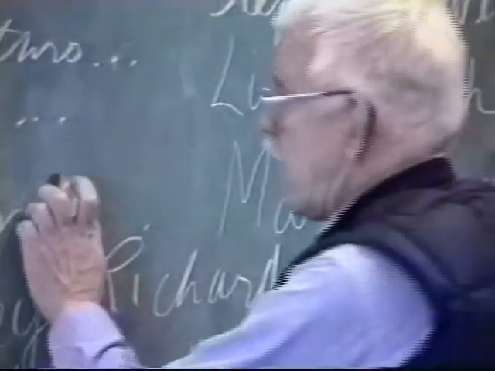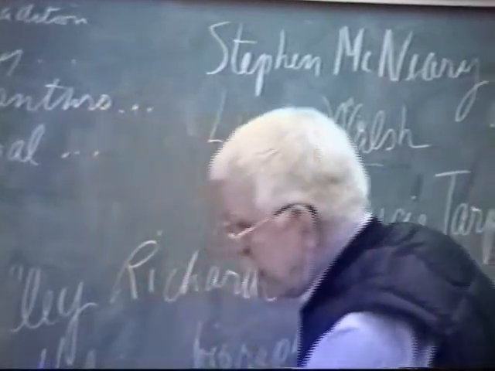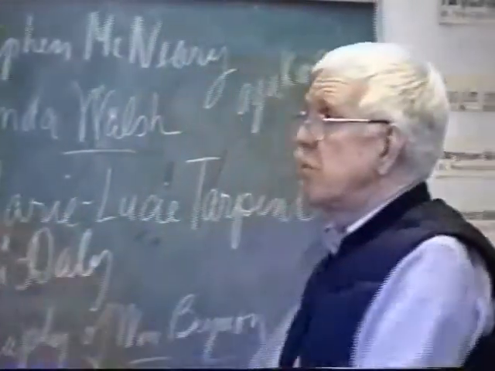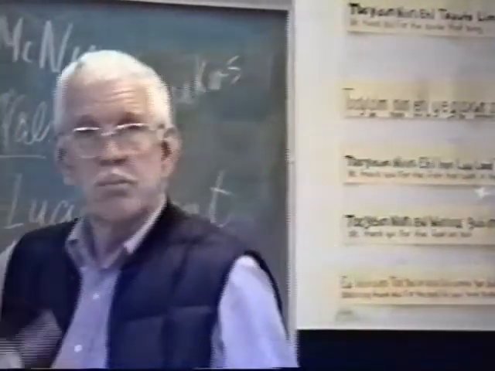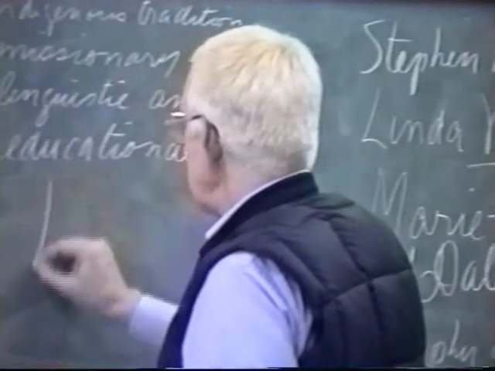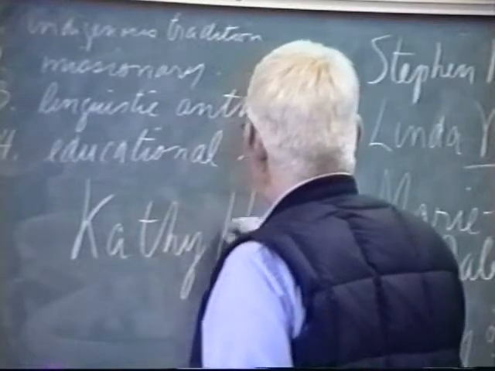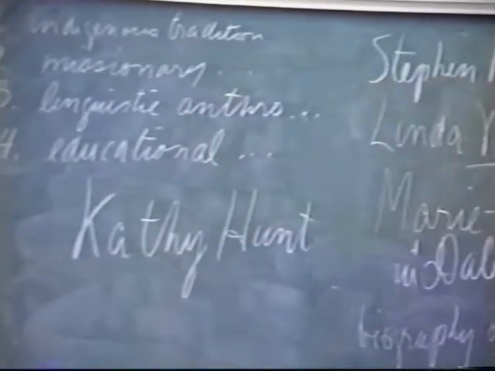The next person, or the last, some of you may wonder about Jay Powell. I'll talk about Jay Powell, who's an anthropologist and linguist, in just a few minutes in connection with education. I'm not trying to leave him out. I just want to put him in that particular category. But yesterday, some of you were asking me about Cathy Hunt, who is a linguist.